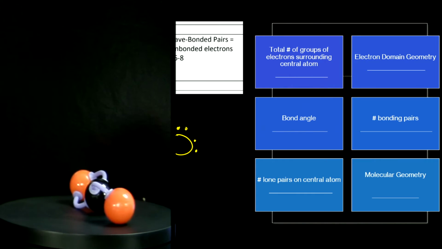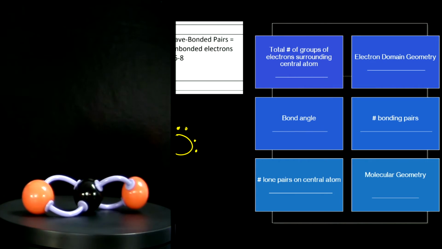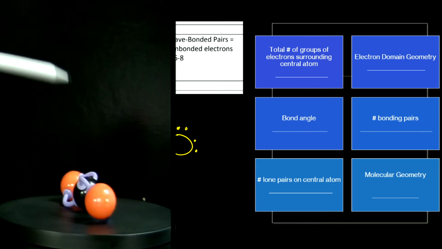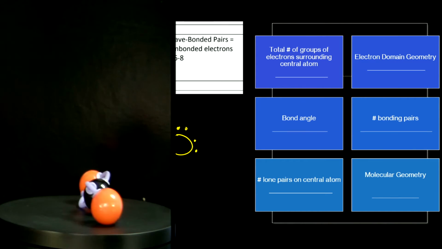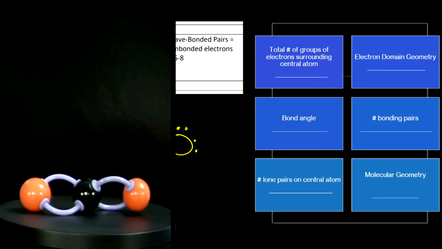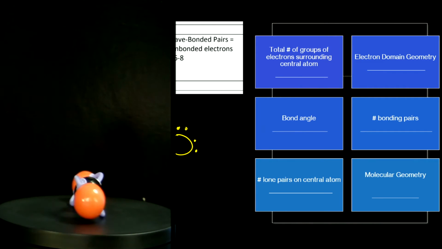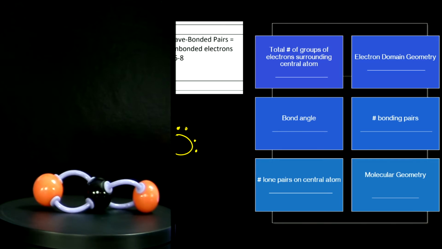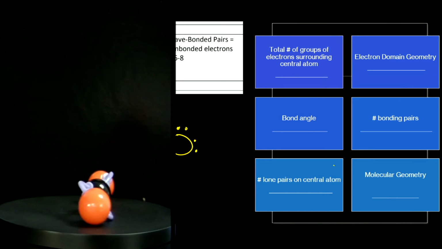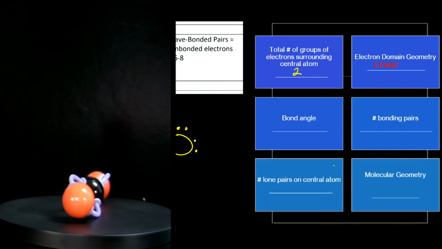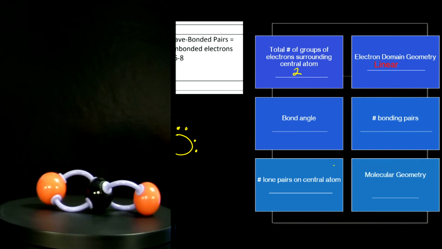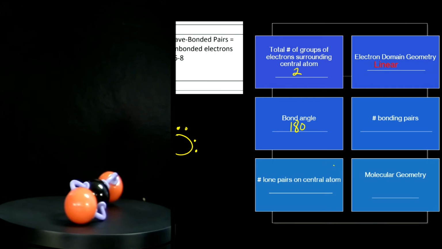Now looking here on the left, here is a molecule of carbon dioxide. We see carbon is in the center and we have 2 oxygens on either side of our carbon. Filling out our chart here on the right hand side, the total number of groups of electrons that surround the central atom will be 2. The electron domain geometry is linear. The bond angle will be 180 degrees.